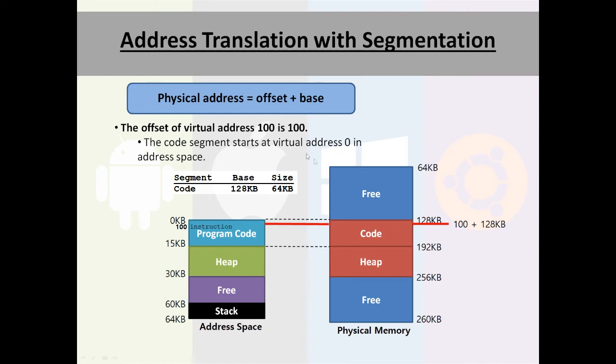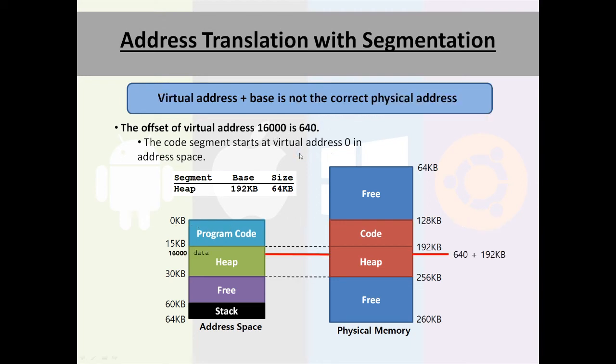Okay, so this example might be a little confusing because it seems strange that 100 is 100, but this next one is a little bit better. But firstly, I just want to add that the reason why we can't just say virtual address plus base will be demonstrated here. The offset of virtual address 16,000 is 640.